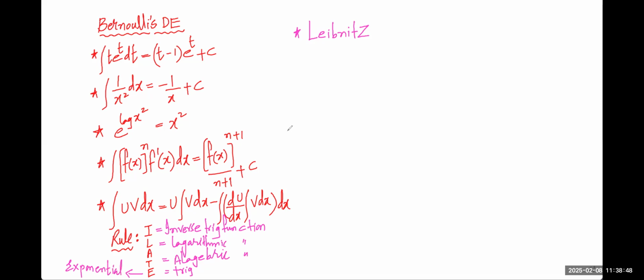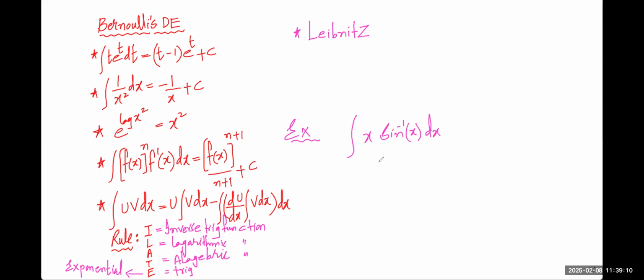Example. If you have a situation like x into sine inverse of x, can you tell me which one we have to take as u and which one as v? UV terms, integration by parts. Which one we have to take as u?